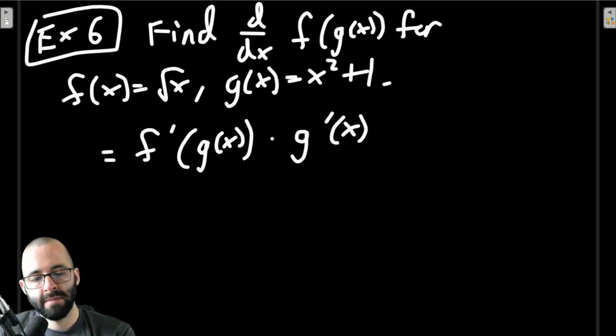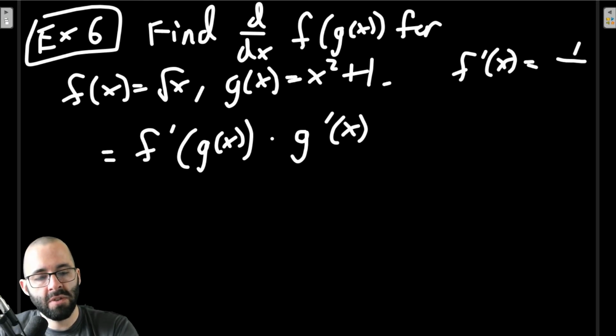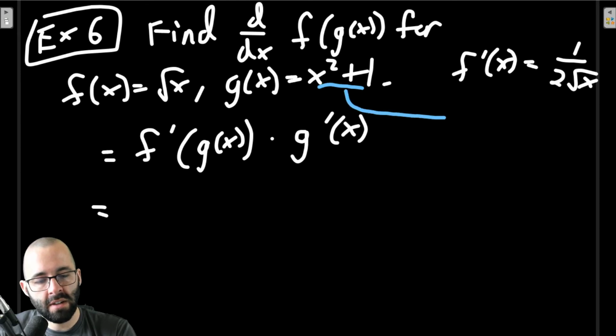All right. So what is the derivative of the outside function? All right, this is x to the 1/2. Its derivative, f prime of x, equals 1 over 2 root x. We showed that in an earlier example. So just plug g into this derivative.